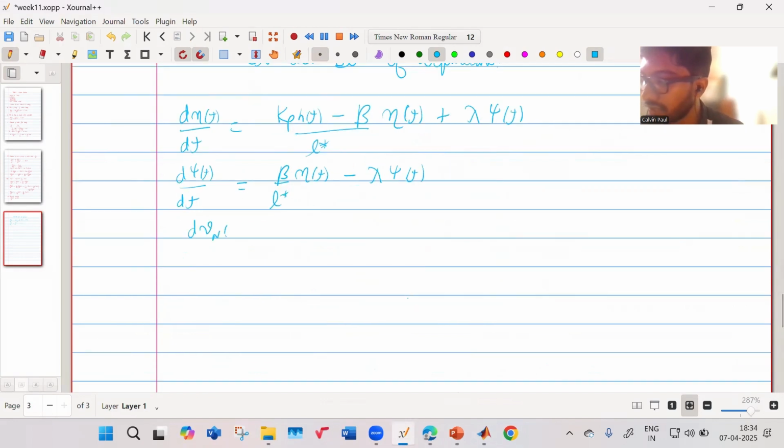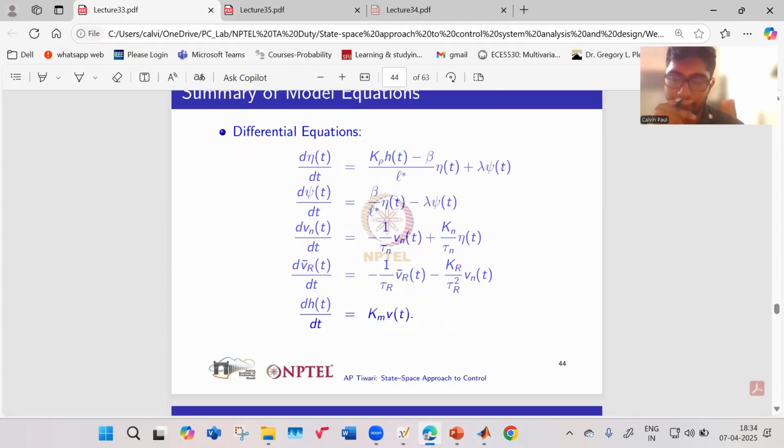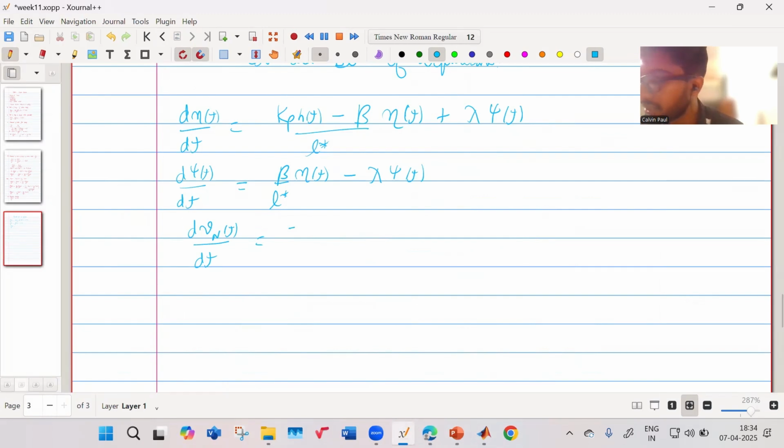Then dVn of t upon dt is equal to minus 1 upon tau n Vn of t plus Kn upon tau n n of t. This is the next set of equations.